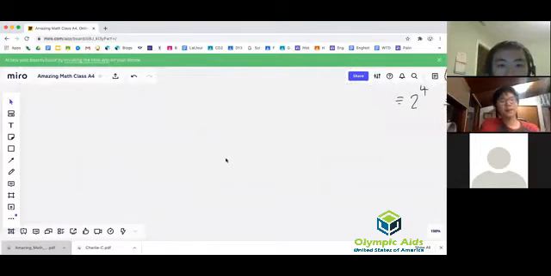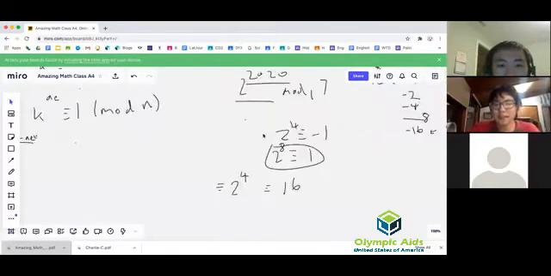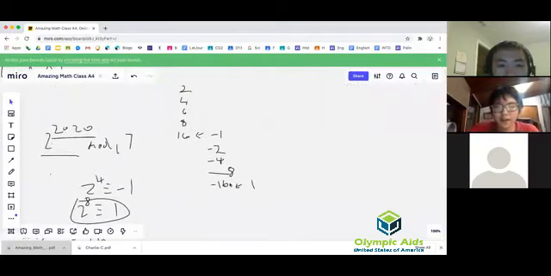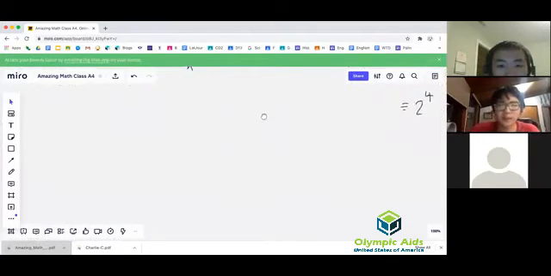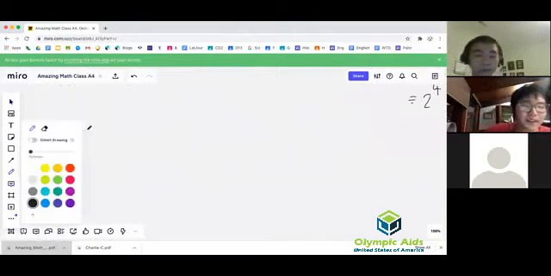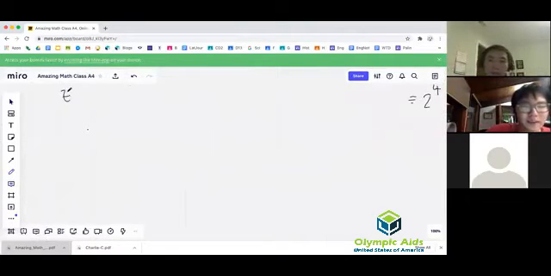Sometimes bashing out small cases like we did here to find that 2 to the 8 equals 1 isn't really feasible, especially when numbers get bigger. So we need a theorem for this, and this is Euler's Totient Theorem.